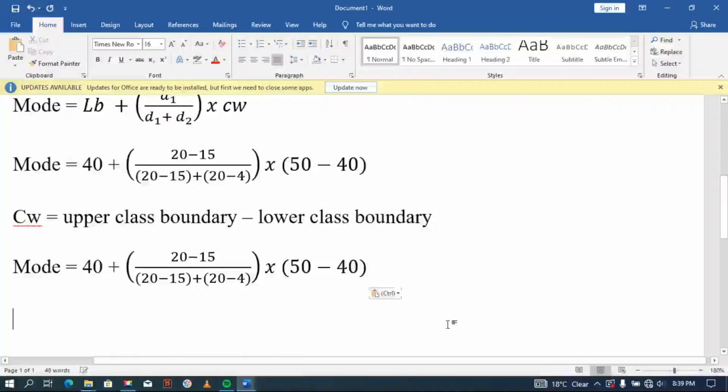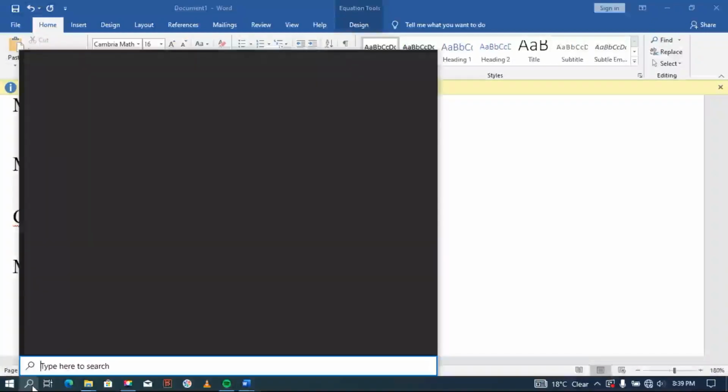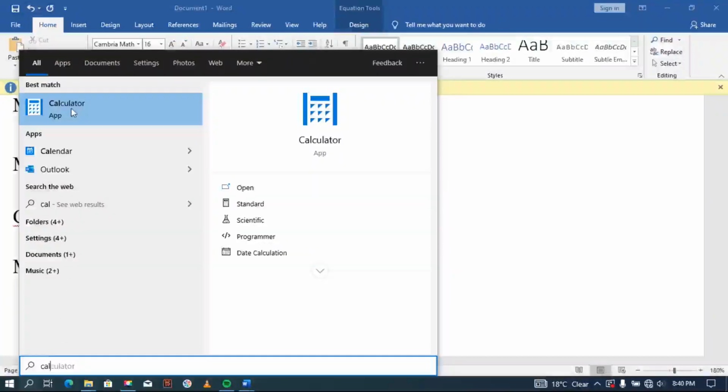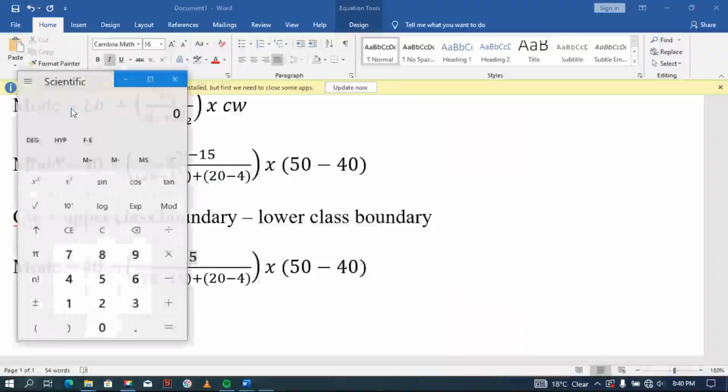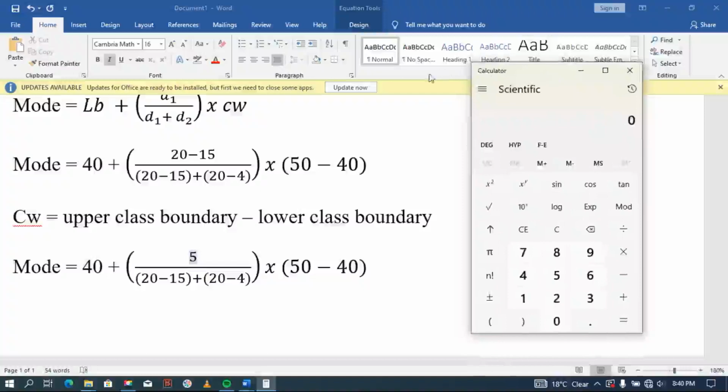So 20 minus 15 we get a difference of 5. So maybe I can get my calculator so that we can move together. So 20 minus 15 we get 5.